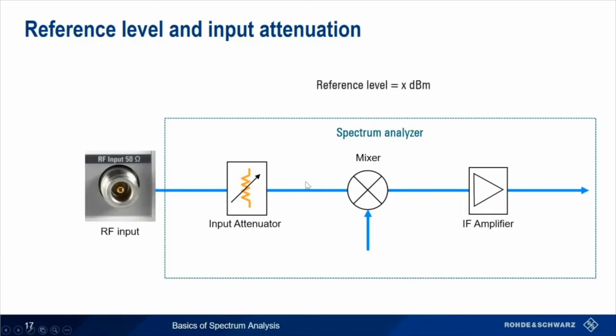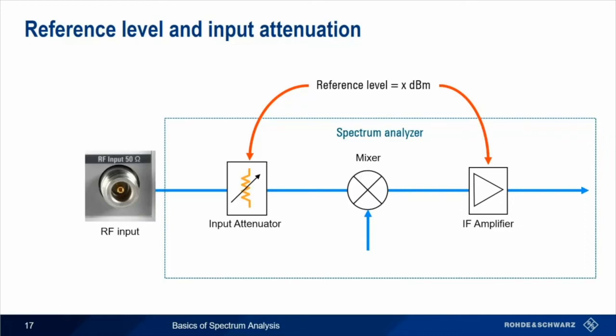To prevent this from happening, a variable input attenuator is placed between the RF input and the mixer and the IF amplifiers. When we set the reference level, this value is used by the spectrum analyzer to adjust the input attenuation and/or the IF amplifier gain in order to avoid overloading the instrument.